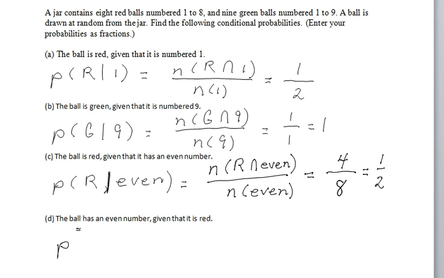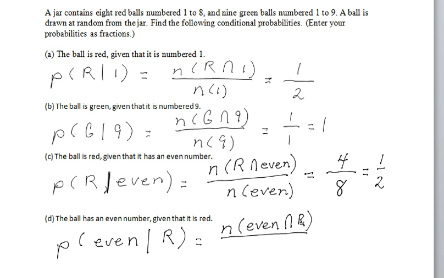What's the probability that the ball has an even number given that it is red? So this is the number of balls that have even numbers and are red divided by the number that are red.